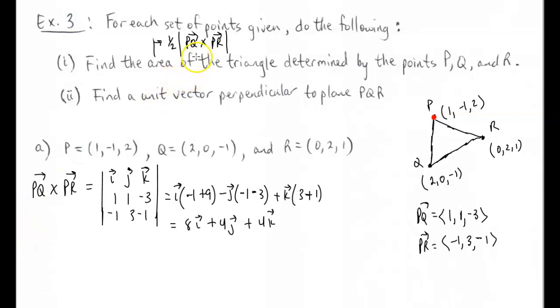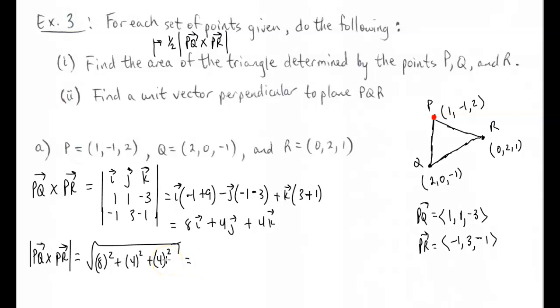So now to find the area, we need the magnitude of this vector and then take half of it. So let's find the magnitude first. To find the magnitude, we just take the square root of 8 squared plus 4 squared plus another 4 squared.